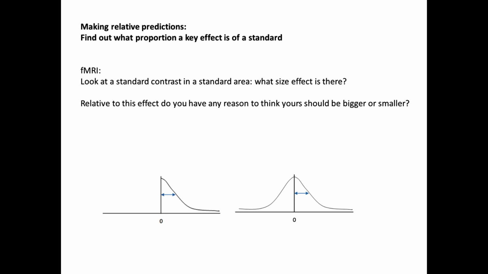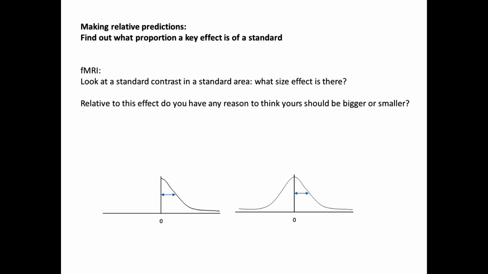Maybe guess response accuracy or familiarity accuracy in a recognition test will be about a quarter of recollection accuracy or something like that. Because then you can scale your predictions according to other aspects of your data, you see.